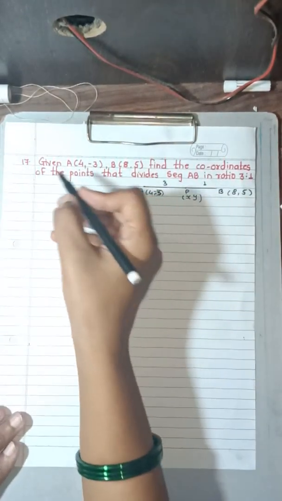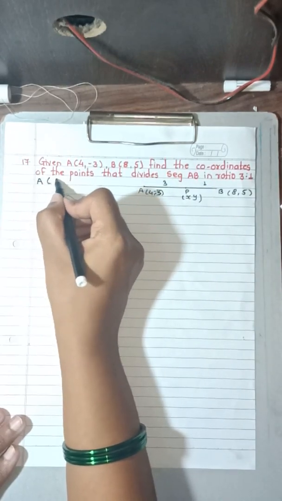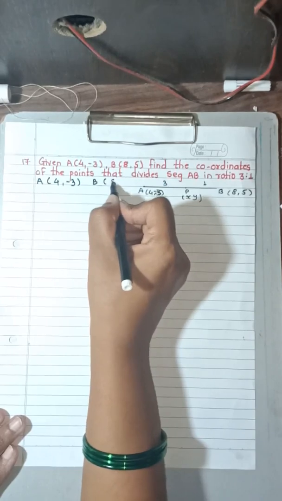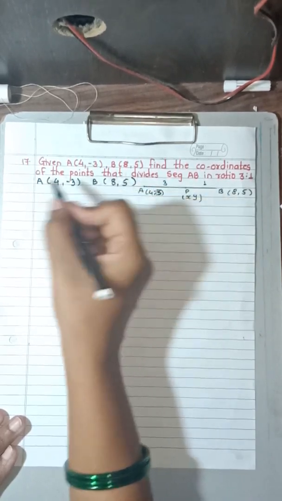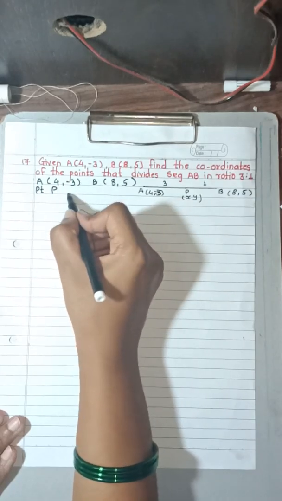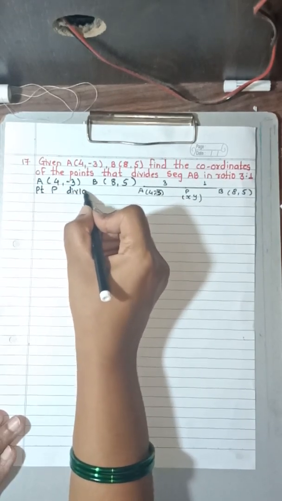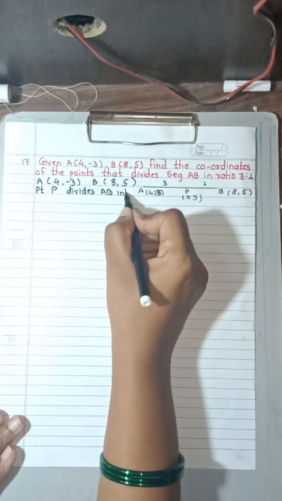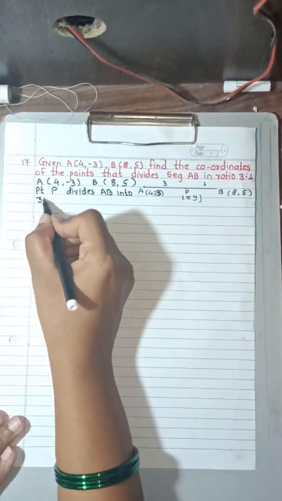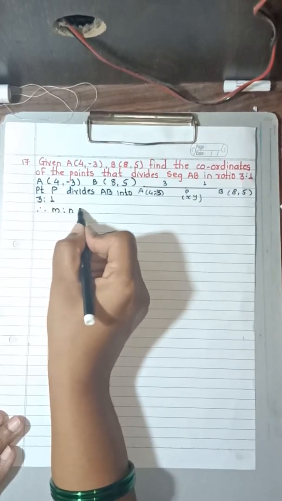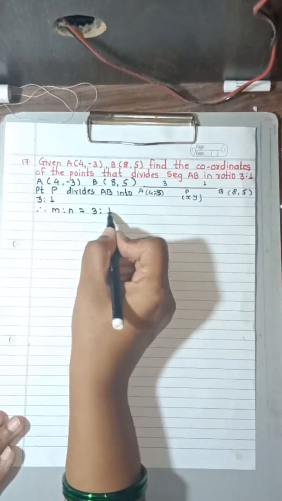Okay, so I'll write down here A(4, minus 3), B(8, 5). Okay, now you know that point P divides AB into 3:1. Therefore m is to n is equal to 3:1.